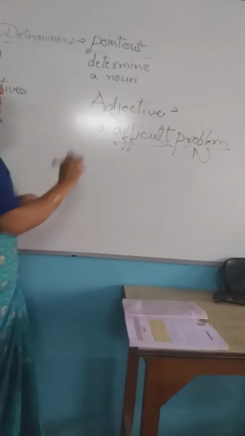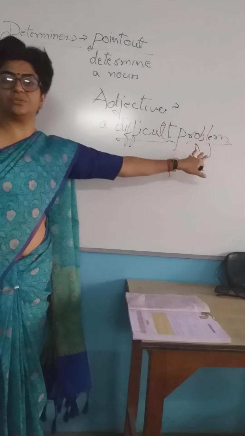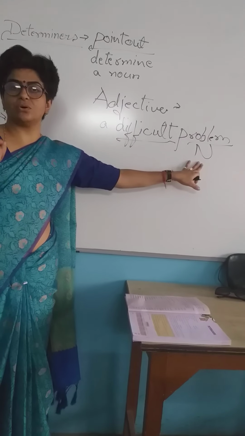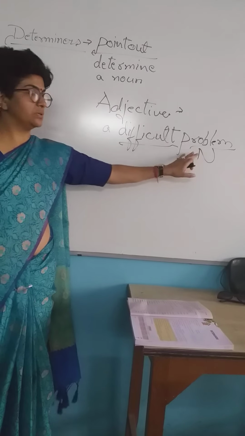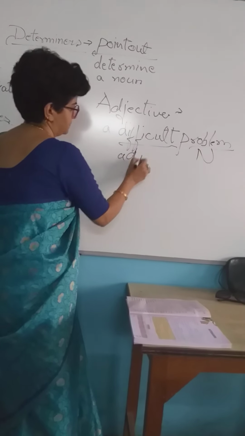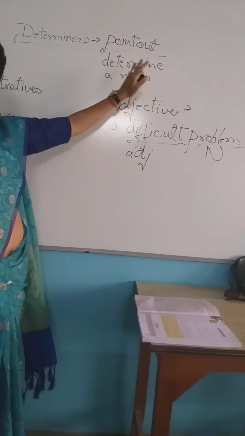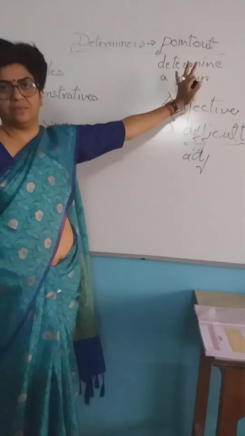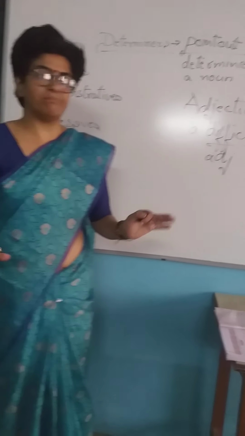What does difficult do? Difficult tells you about the problem. It describes the nature of the problem. So it is an adjective. While determiners point out or determine, as simple as this. We won't make it complex.